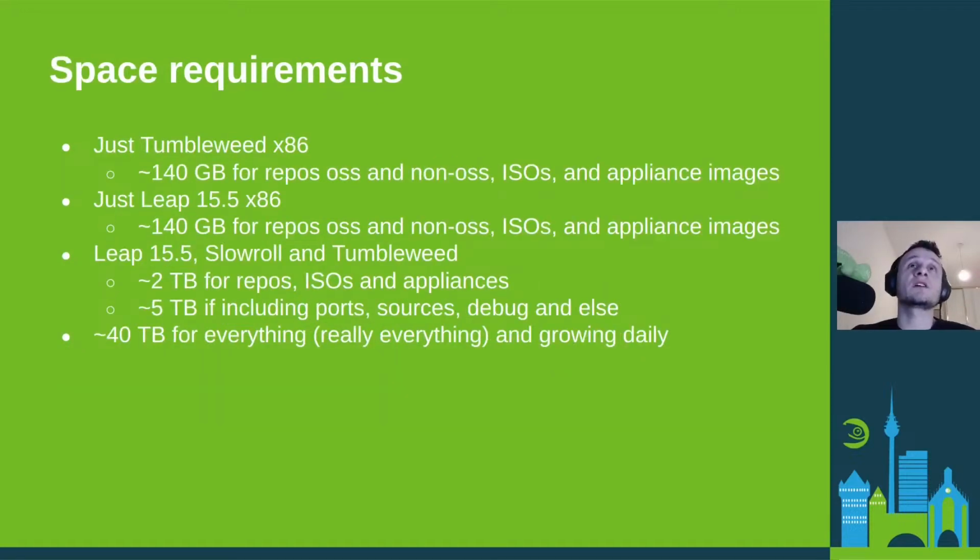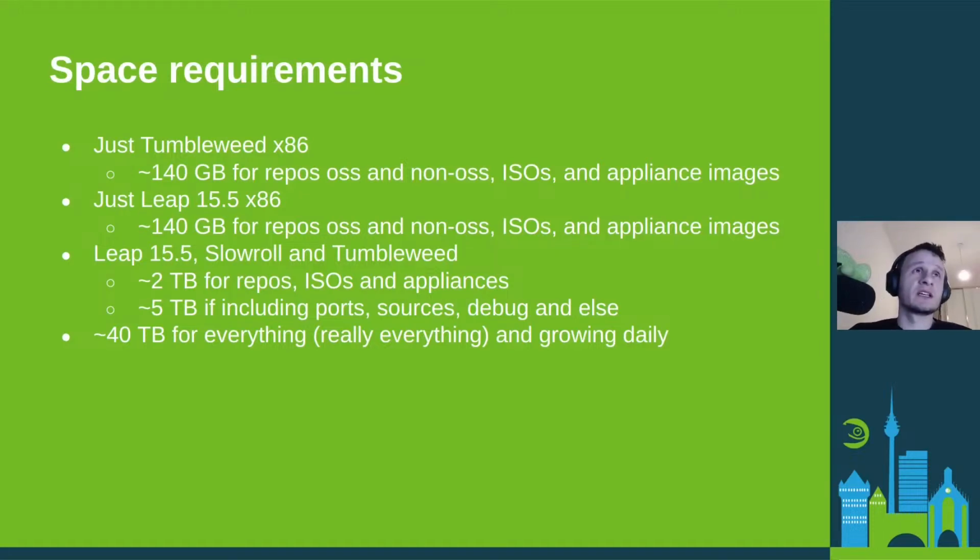About space, how much space do you need to host a mirror? It really depends on what and how much you want to host, how much data. For Tumbleweed, for example, for x86, around 140 gigabytes for repositories, OSS, non-OSS, ISOs, and appliance images. For Leap, just Leap, one release of Leap would also be around 140, 150.